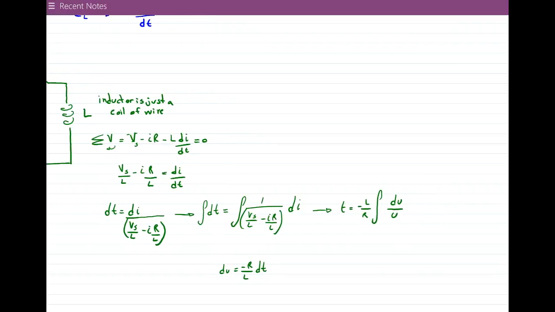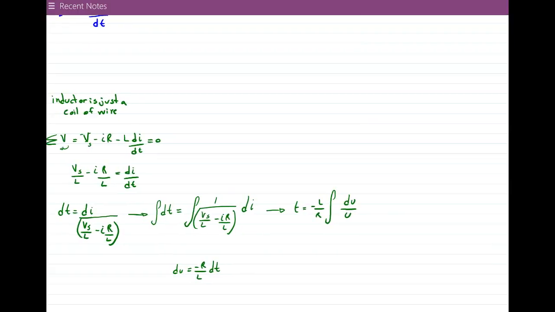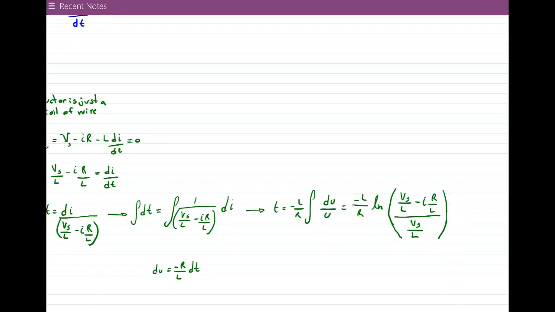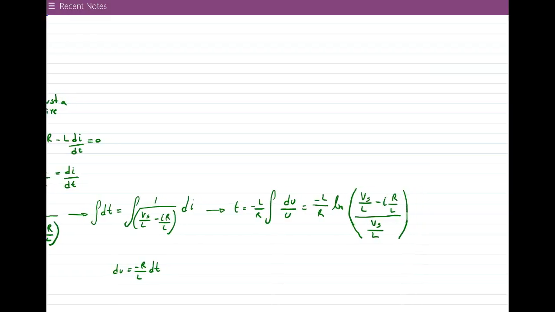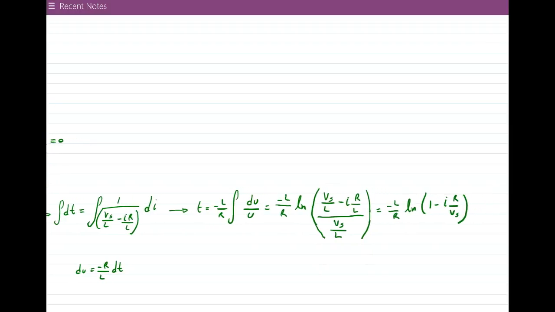On the top we'll have Vs over L minus I R over L. On the bottom, we'll just have Vs over L. So it's going to be negative L over R natural log of, this is just 1 minus I times R over Vs. Now I'm going to multiply by R divided by negative L. I'll have negative R over L t is equal to the natural log of all that stuff, 1 minus R over Vs I.